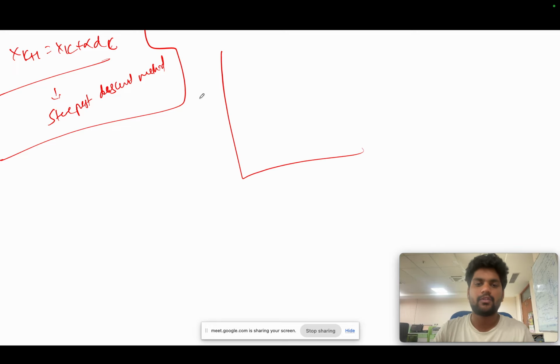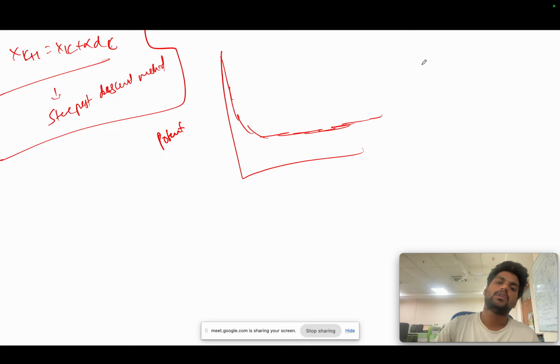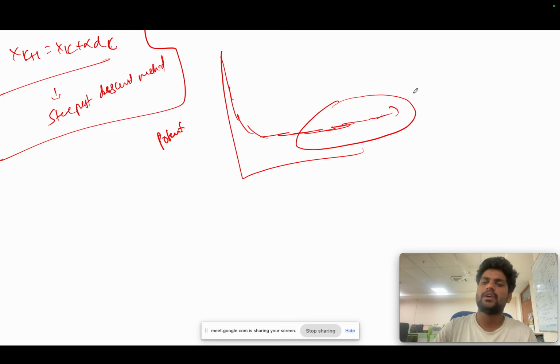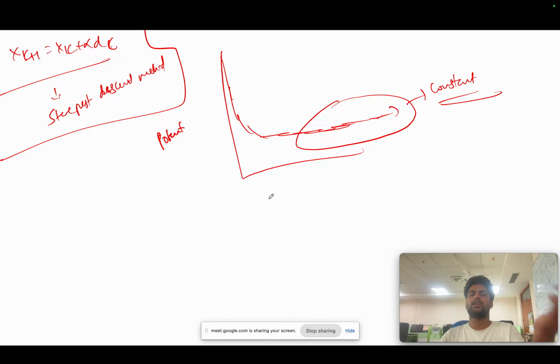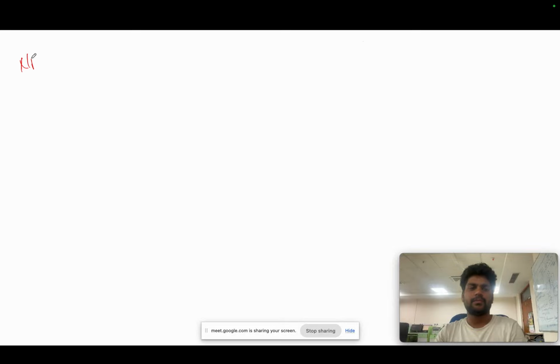Once we get the graph of potential energy like this, at some point we will stop. Once we get this constant value, we start the experiment. Now we are running, say, NPT.